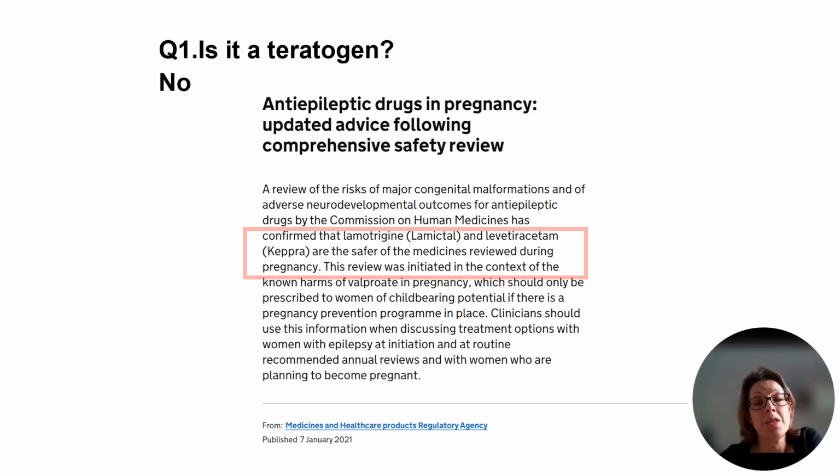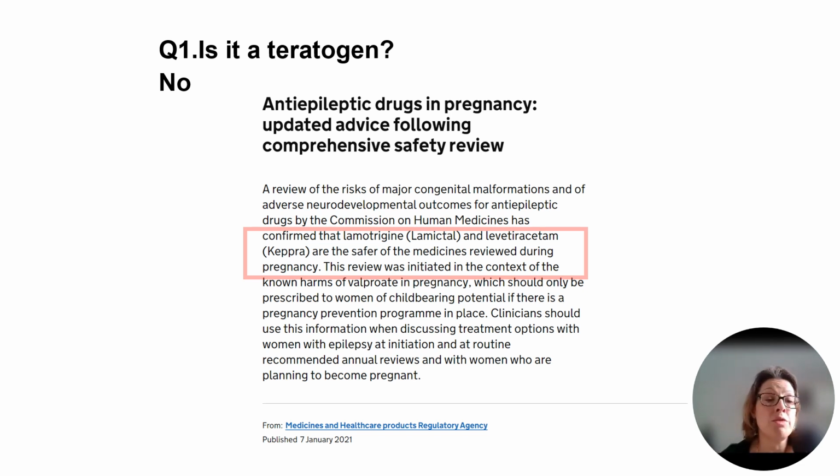It's also important to understand their epilepsy syndrome. It's important that they're engaged with their epilepsy team and are in joint epilepsy and obstetric care.